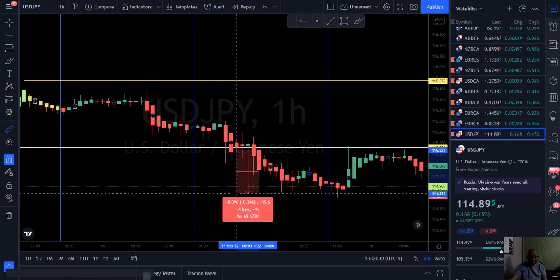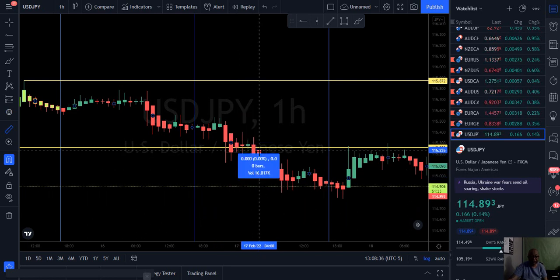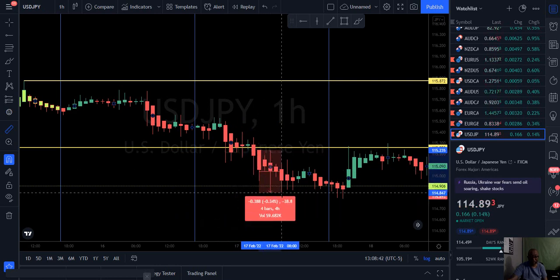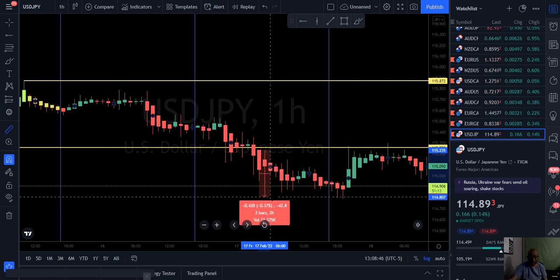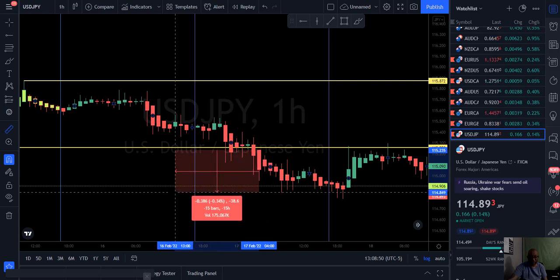Right there is 39 pips. It's from this candle where the cursor is, to this candle here where the cursor is. That's 38.8. If I move it out of the way like this, it's just about 39 pips.